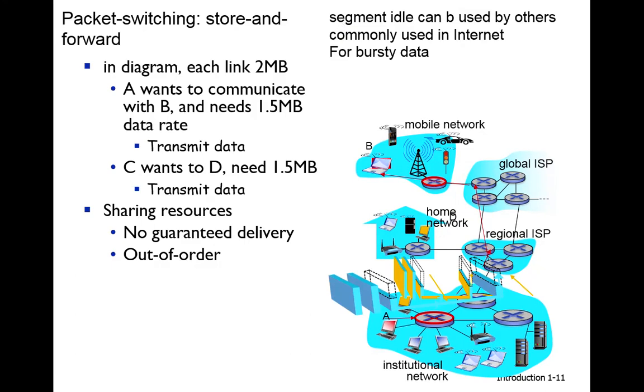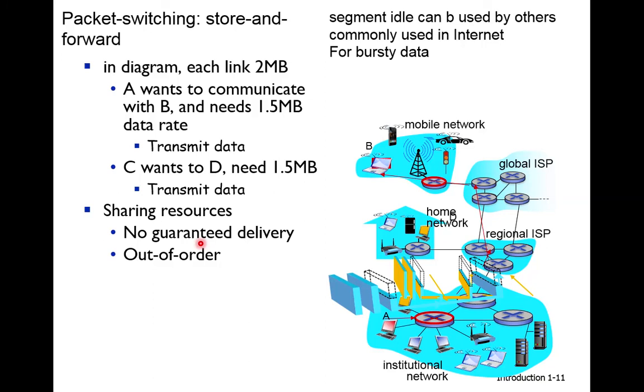While in packet switching, there is no reservation of the path. The path is not reserved. The data is divided into packets, and each packet is sent. So there is no guarantee that the packet will be delivered.